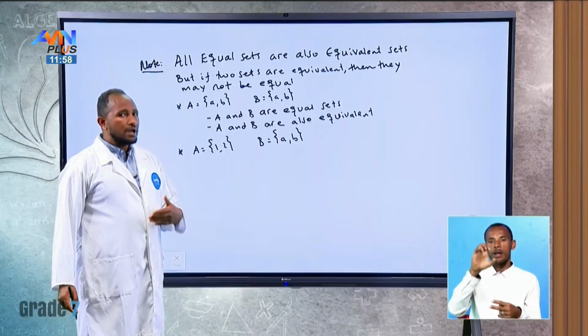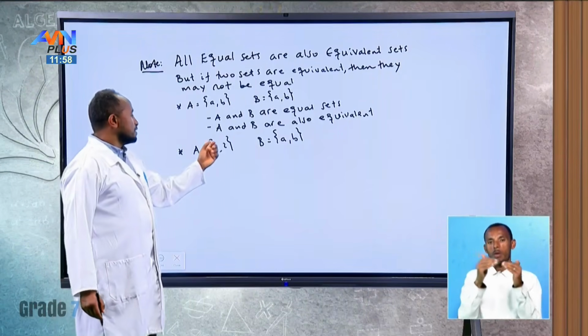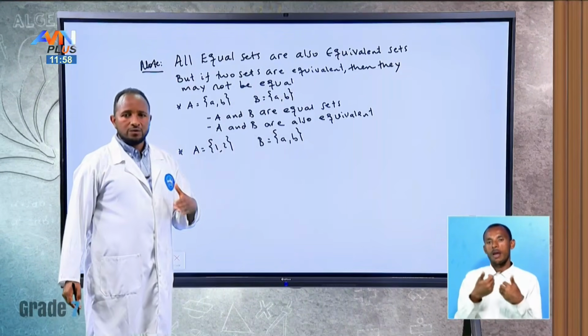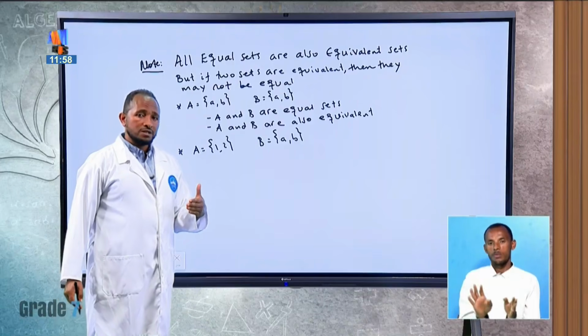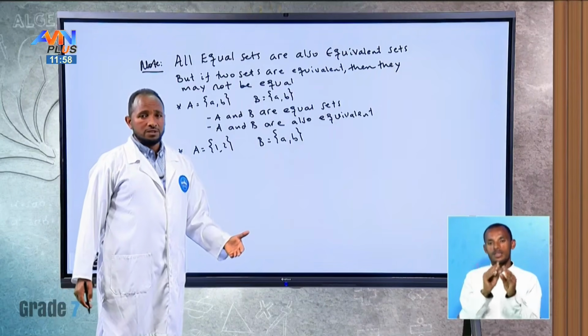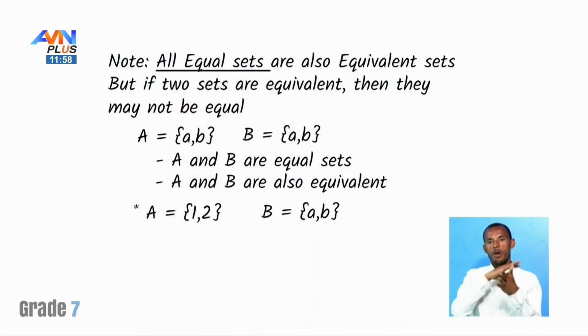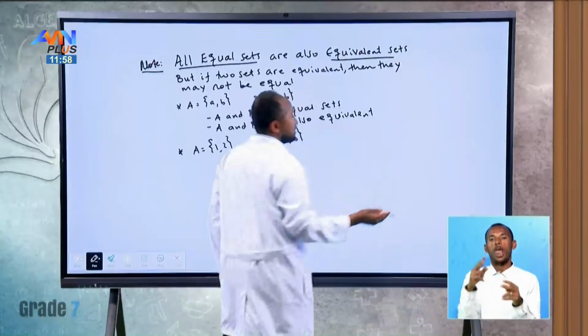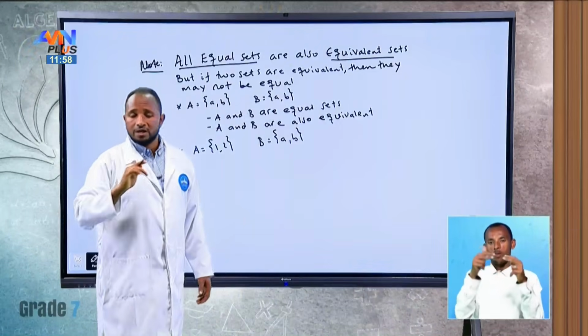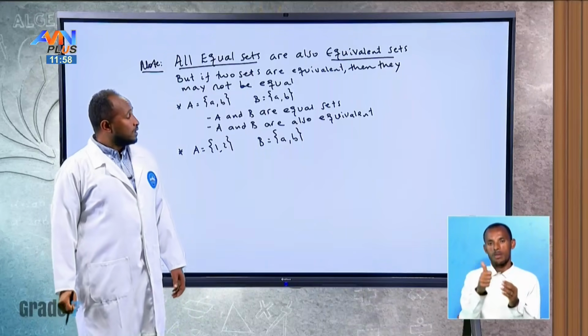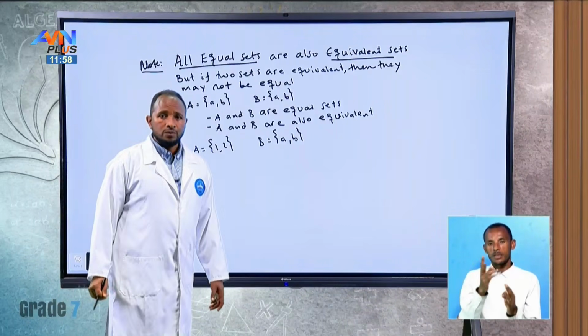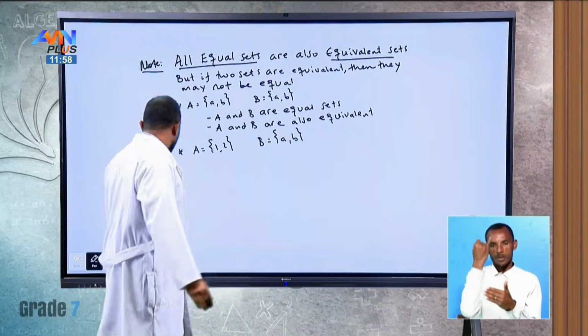But they are not equal. They do not have identical elements. So, equivalent sets may not necessarily be equal sets. But here you have to note that all equal sets are equivalent, but all equivalent sets are not equal sets. Now, let's proceed to another concept.